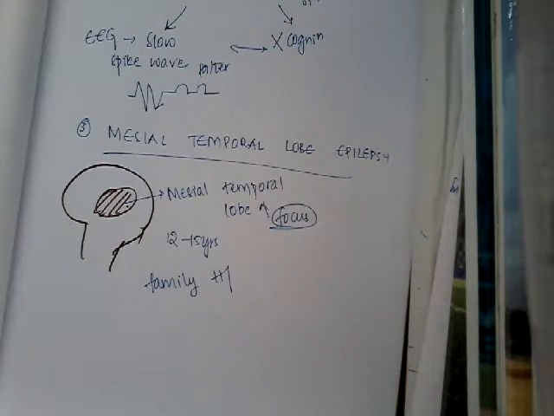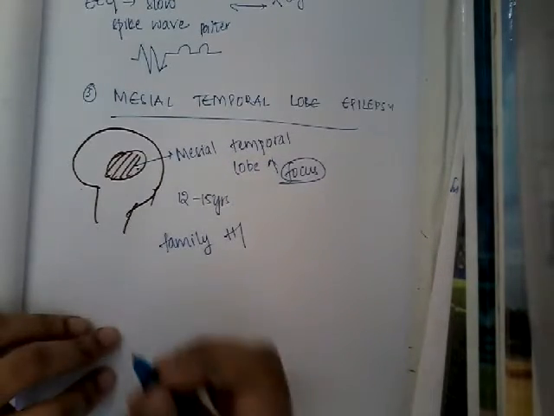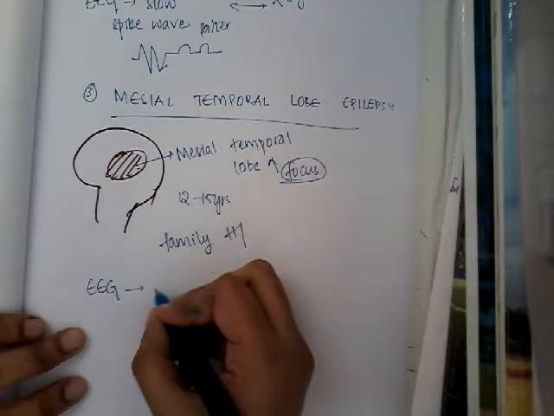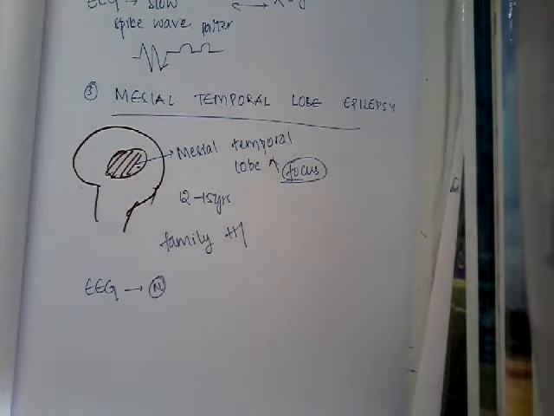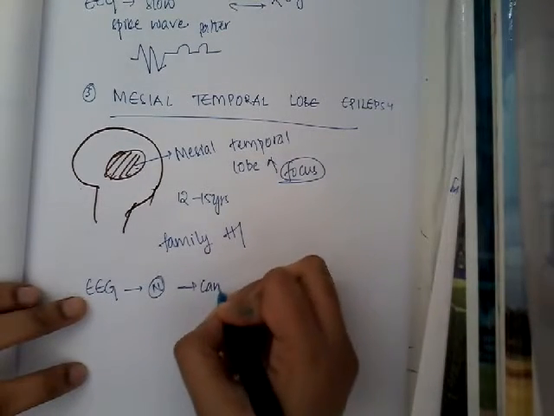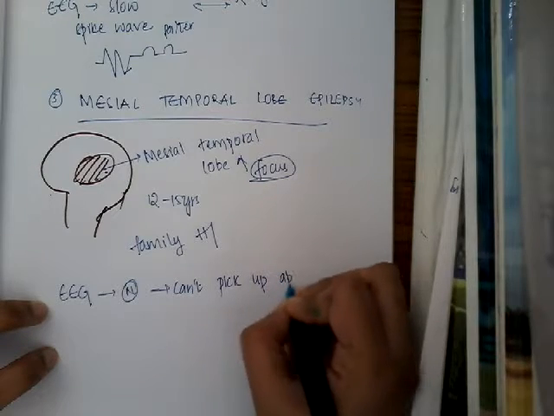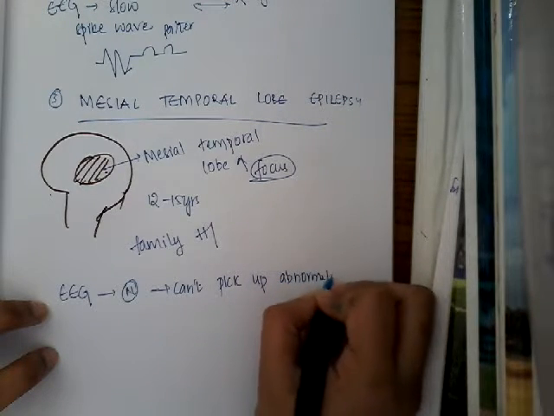What do you see on laboratory investigations? You have to do EEG. It is mostly normal. Why? Because the lesion is in the mesial temporal lobe, so surface EEG cannot pick up the abnormality. This is called a false normal.